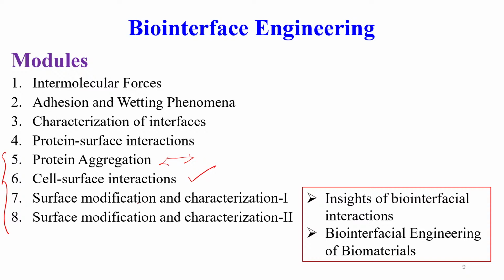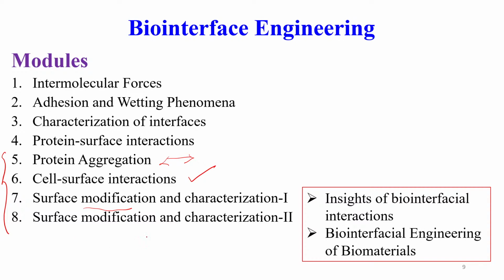Then, in the seventh module, we will discuss what surface modification is, its importance for tuning biointerfacial interactions, the different physical, chemical and biological methods for surface modification, and how to characterize these engineered and modified surfaces using various spectroscopic and microscopic techniques.